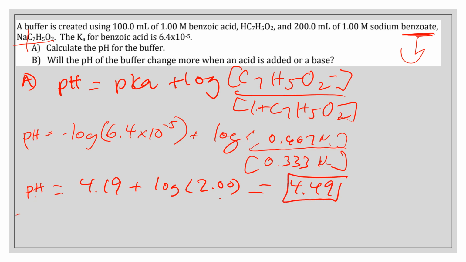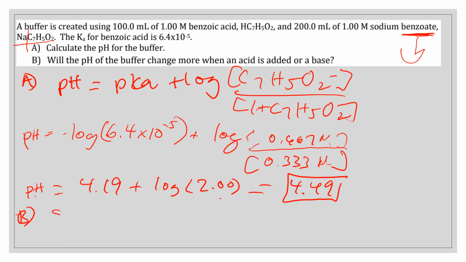Part B. Will the pH of the buffer change more when acid is added or a base is added? By looking at this, here's what we need to focus on for this particular question. We got to look at what's in a greater capacity or greater concentration.